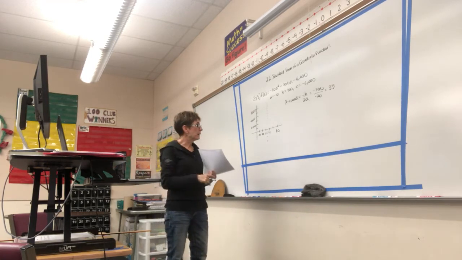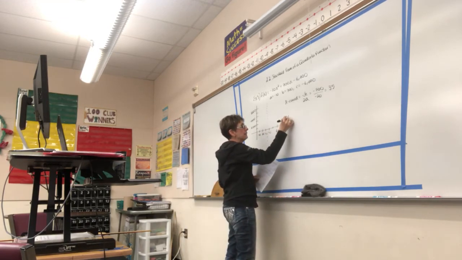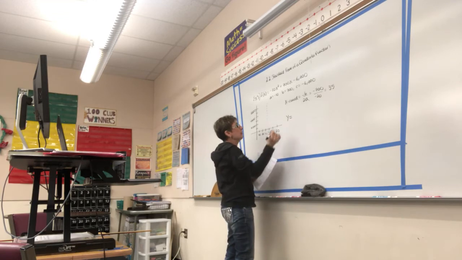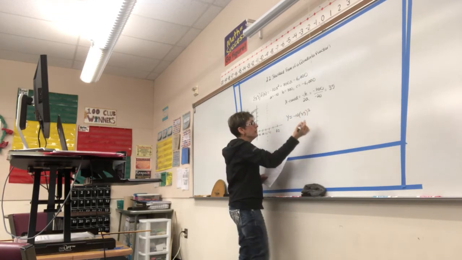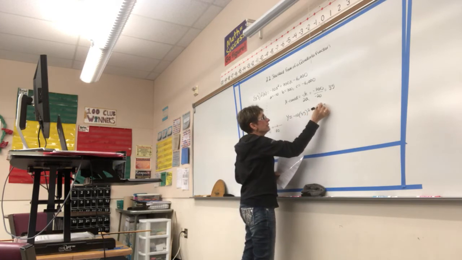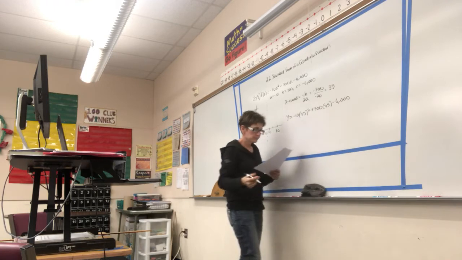In order to find the y value of the coordinate, I need to plug 35 into my function. So I have -10 times 35 squared plus 700 times 35 minus 6,000.